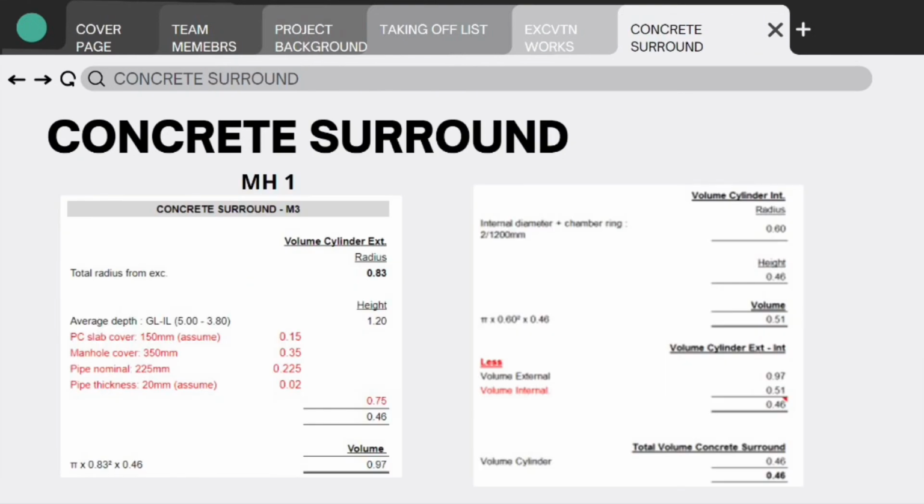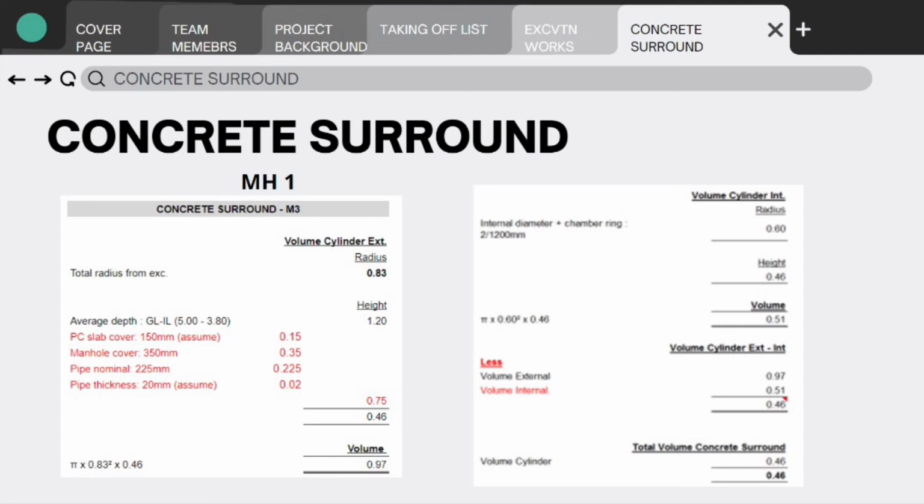Concrete surround. To calculate the concrete surround for MH1, firstly we have to calculate the volume of cylinder external. The radius 0.83 is the total radius from excavation. Height is 1.2, taken from the average depth of MH1. Deduct PC slab cover 150 mm, manhole cover 350 mm, pipe nominal 2 to 5 mm, and pipe thickness 20 mm to get a total height of 0.46.